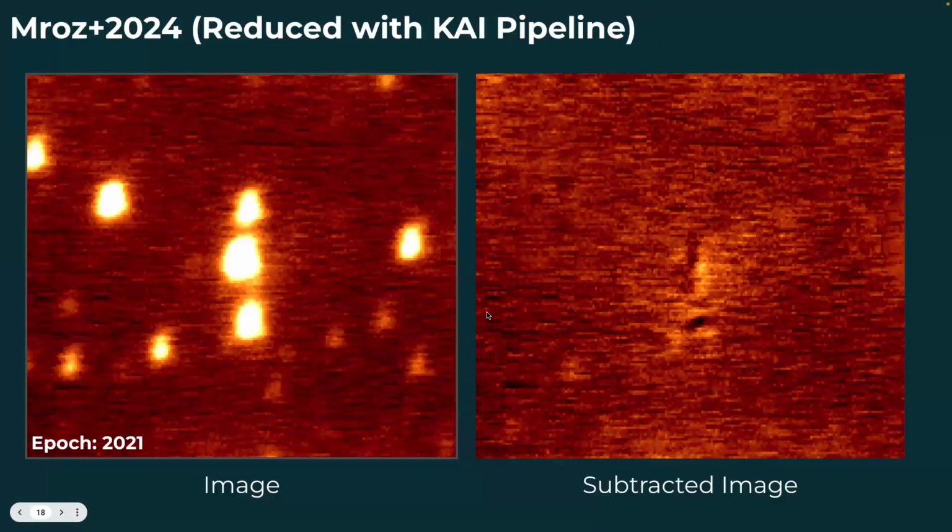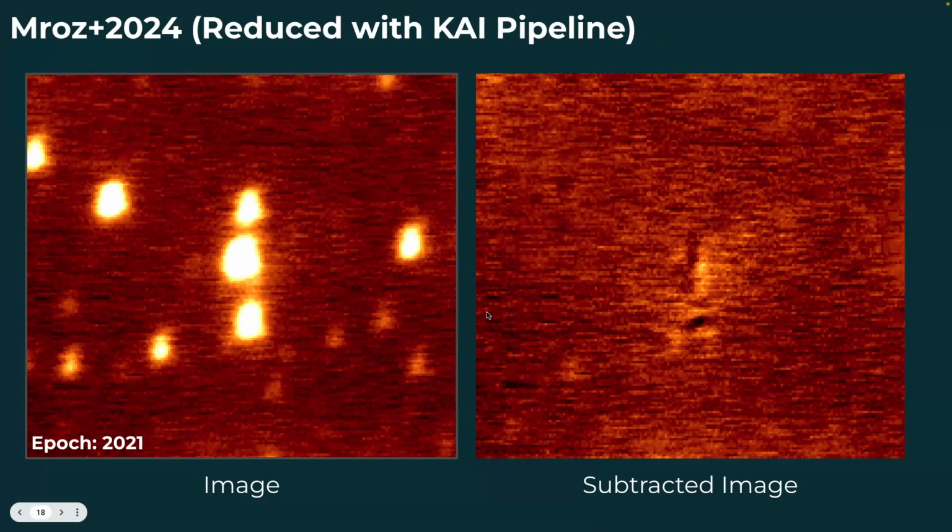So first, I'm going to show the Keck imaging from 2021. The source star is in the middle here. It's pretty noisy, but I re-reduced the data and subtracted all the stars. I fit all the stars and subtract them again.